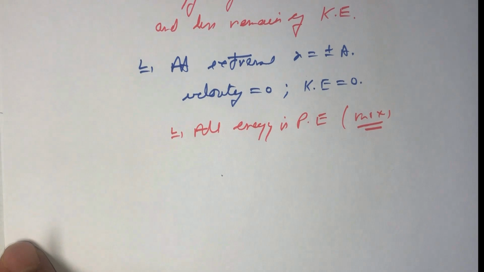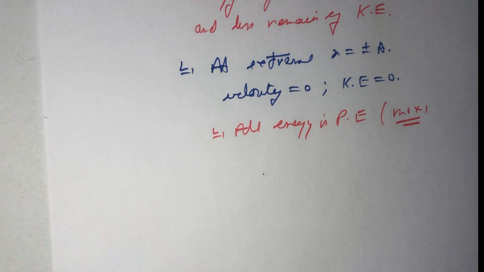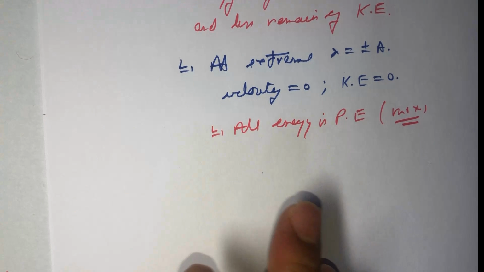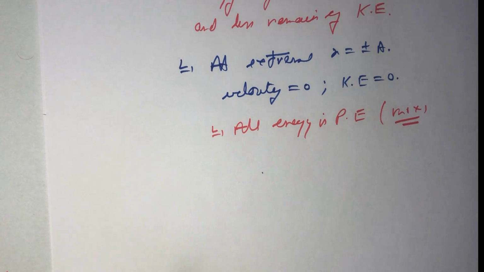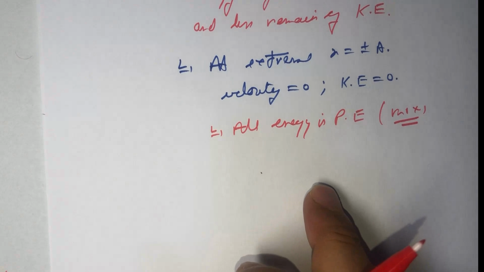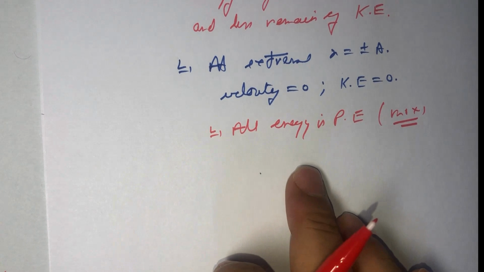This is basically the change in the potential energy with respect to the variation in the position of the particle. The kinetic energy is maximum at the mean position, and potential energy is maximum at the extreme position.